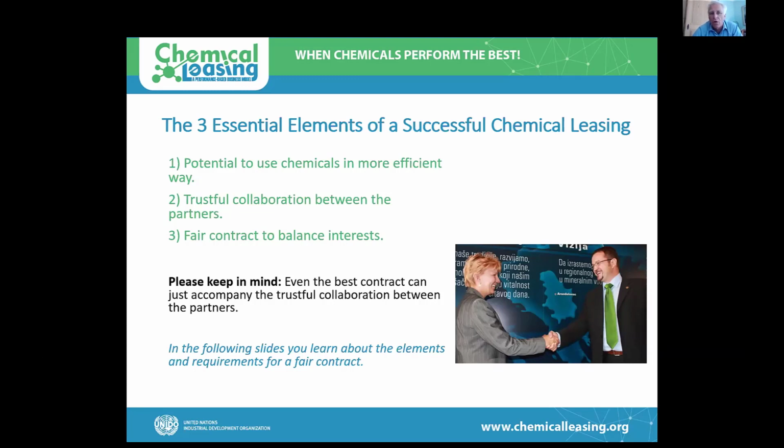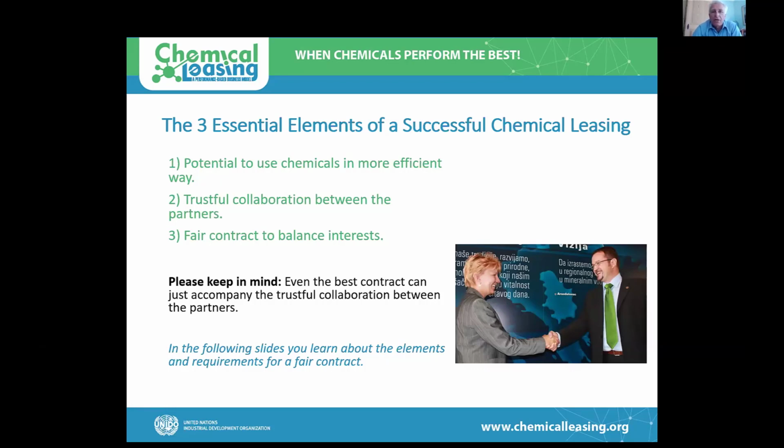This is the core, a new trustful collaboration, then the benefits and the triple win situation will happen. And third, a fair contract to balance the interest, and this contract in a way should bring solutions for unforeseen cases.